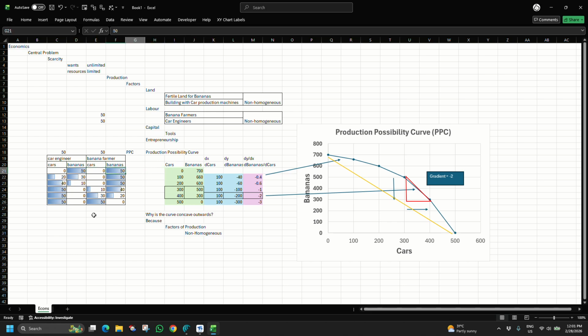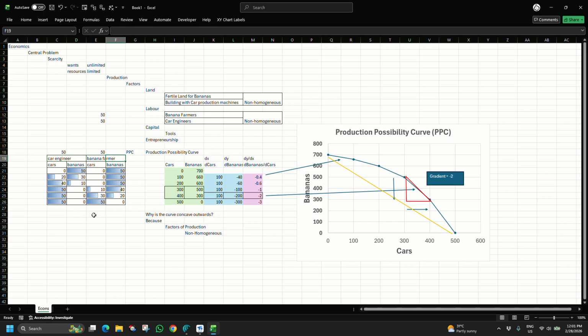So why does the number of bananas drop more and more? Because as you move down the curve, the people that you're transferring over are the more skilled banana farmers. You transfer them over to making cars.